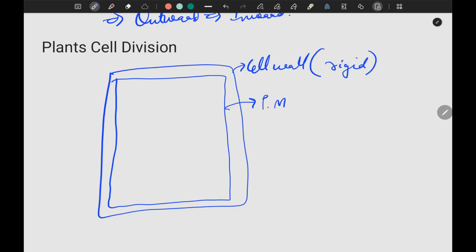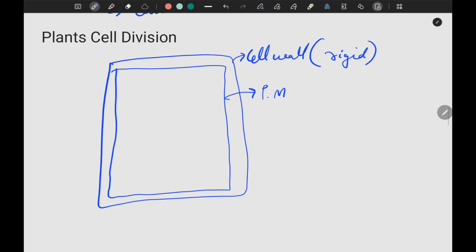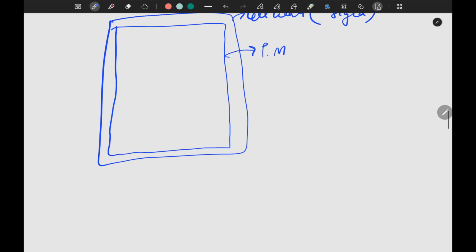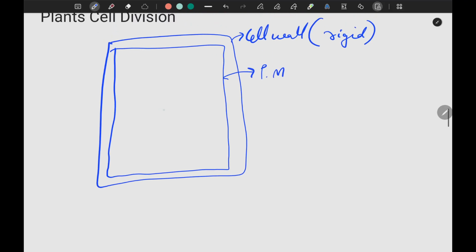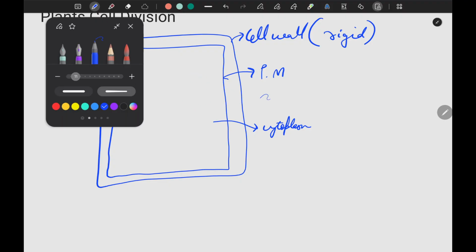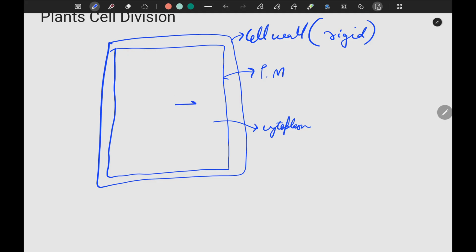We cannot break it or cut it. So what happens is, the cell divides from the cytoplasm, from inward to outward.